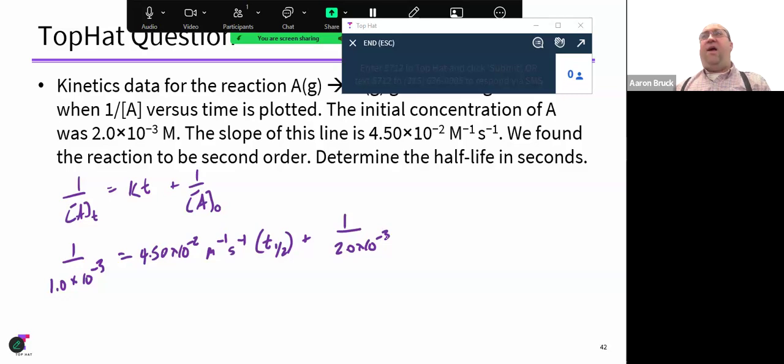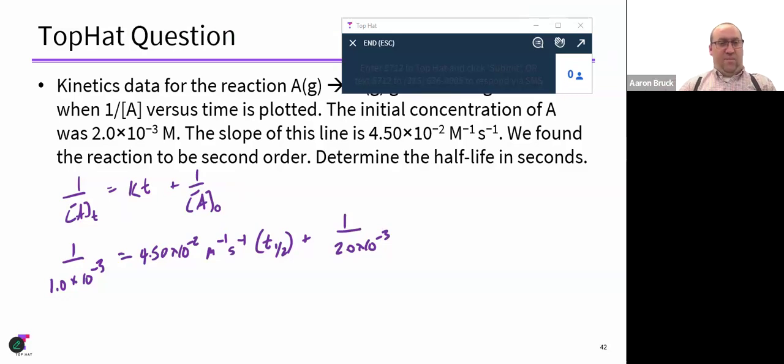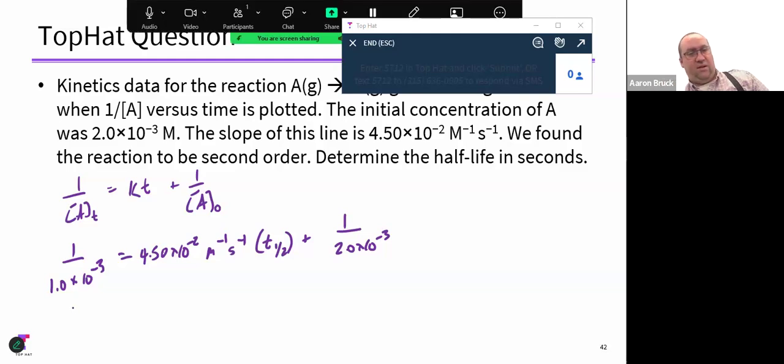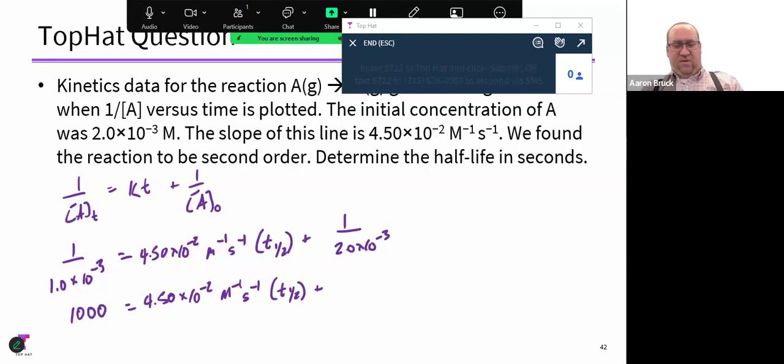So I can start working out the math here. 1 divided by, well, that's 1,000. One over 2 times 10 to the negative third is 500.